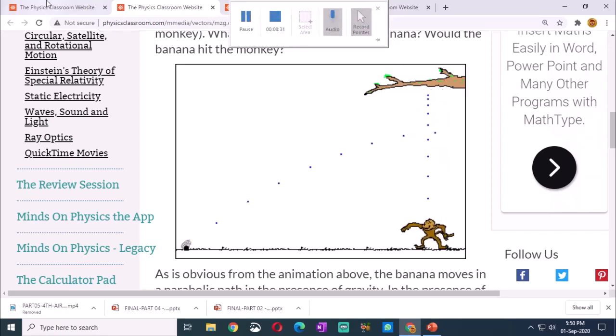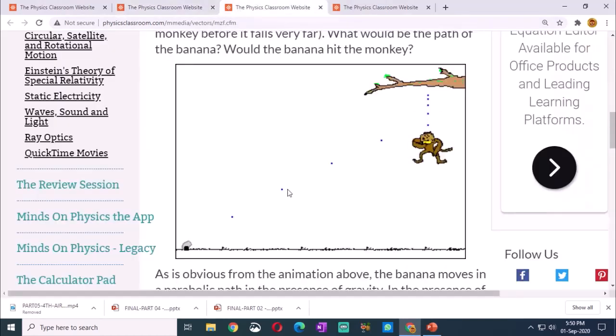Okay. Next, the third case: aiming at the monkey with fast speed. So what happens? It will hit the monkey close to the limb. Here only.